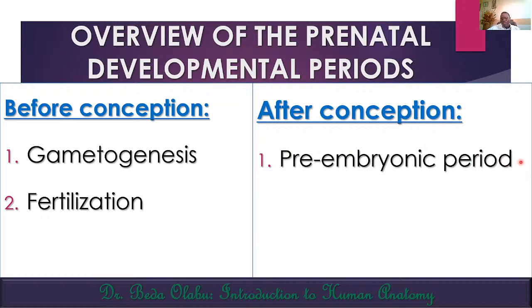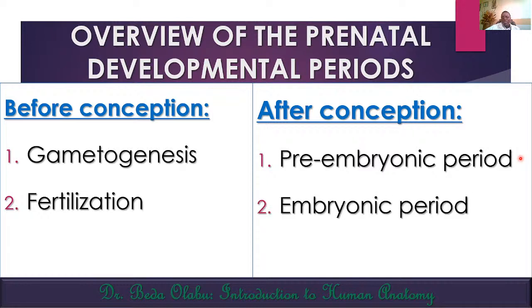And when the conceptus implants on the wall of the uterus, then we say pregnancy has been established. So the woman is now pregnant. Before that implantation, we can't talk of pregnancy. In particular, implantation largely takes place during the 2nd week after fertilization.